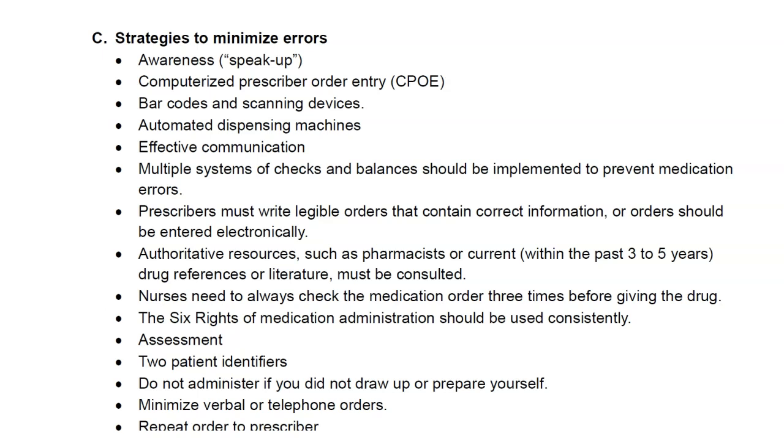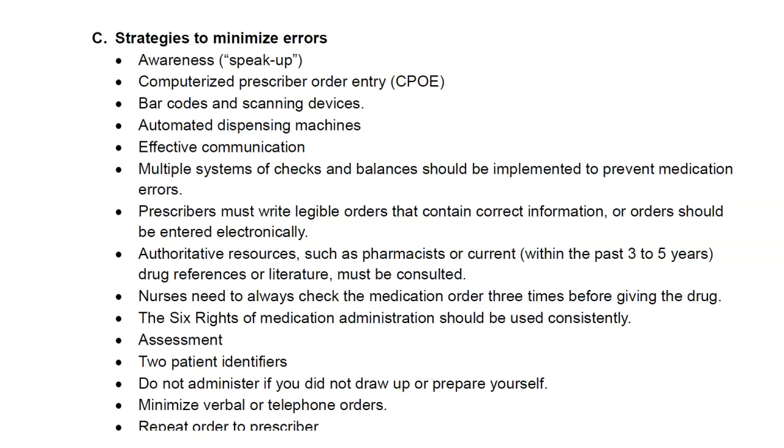Effective communication, right? Making sure you're clear when you're communicating, and then repeating and clarifying things if it's not clear. And then there are multiple ways to check, and so there's so many people that are basically supposed to check things and make sure that whatever it is, it doesn't get to the patient if it's the wrong medication or the wrong dose or whatnot.